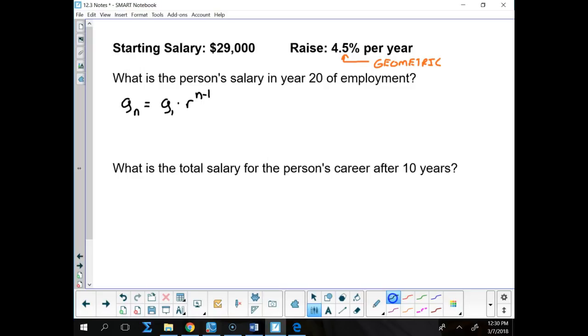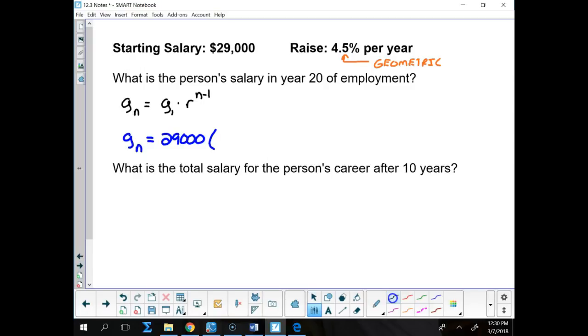So my rule, the salary of this person, is going to equal, what are they going to make year 1? 29,000 times, their salary is going to increase, right? 1.045.